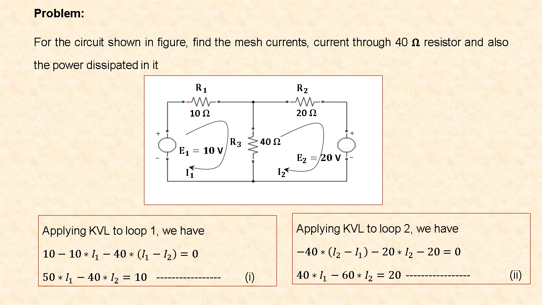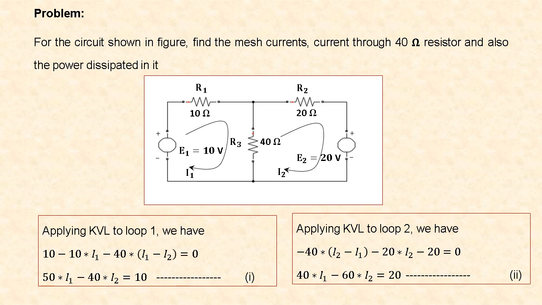Now let us consider mesh 2 or loop 2. Applying KVL to loop 2, we have minus 40 into (I2 minus I1). Here we are considering I2 is superior to I1. Minus 20 into I2 minus 20 is equal to 0. Since here the current direction is from plus to minus, we have 20 volt as a drop, hence it is indicated by a minus sign.